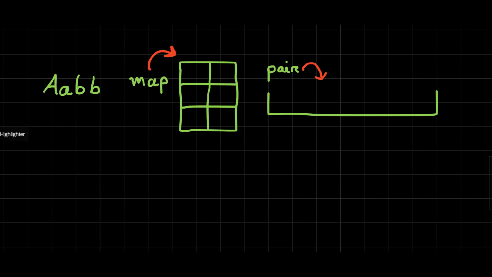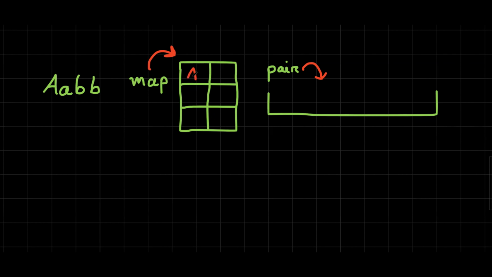So if in any problem we have to deal with frequency, then we should use the map data structure. Here, the first element of the map will be the character, and the second element of the map will be the frequency. So in the given input, we can say that capital A appears 1 time.